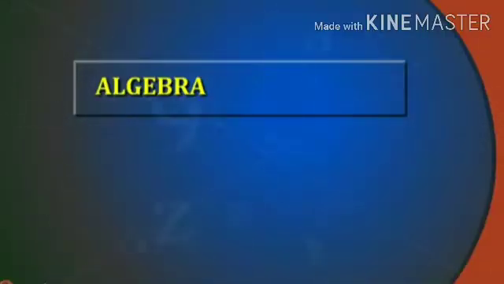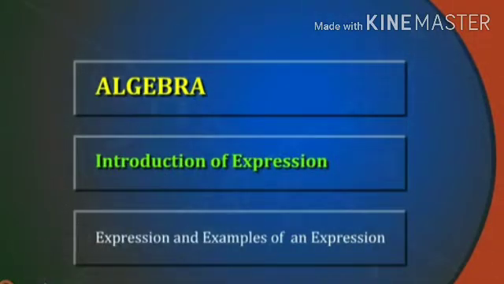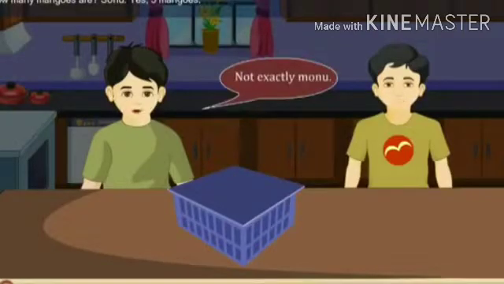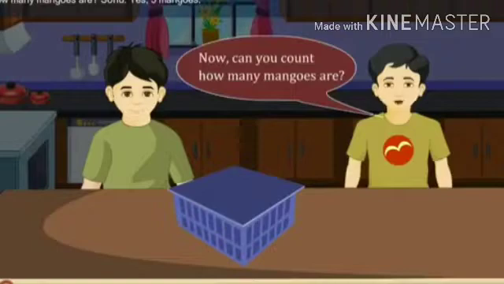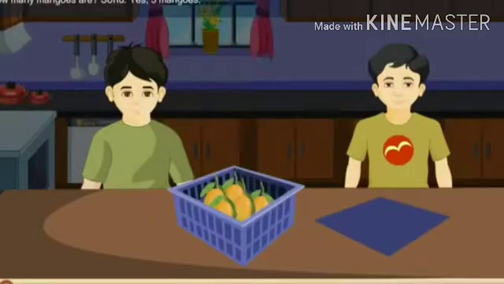Algebra. Introduction of expression. Expression and examples of an expression. Can you guess, Sonu, how many mangoes are there in the basket? Not exactly, Monu. Now can you count how many mangoes there are? Yes, 5 mangoes.